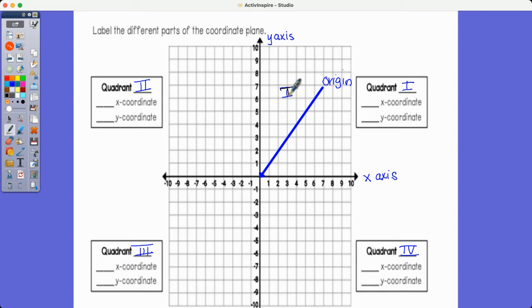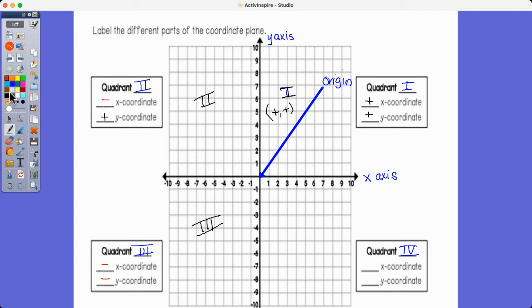I'm going to do this in black because this is positive, positive, positive, positive. And then this one is -x, positive y. 2, 3 is negative, negative. They both have negative symbols.